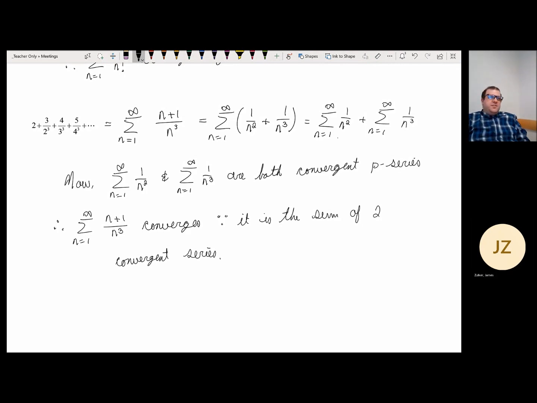The product of convergent series has to converge. The quotient of convergent series would converge unless the series in the denominator converges to 0.